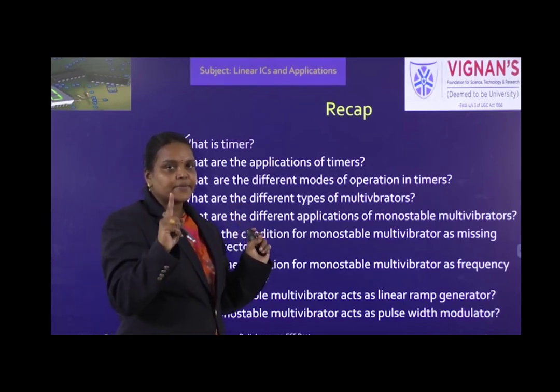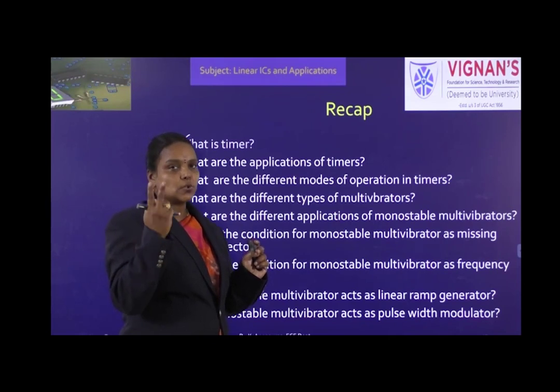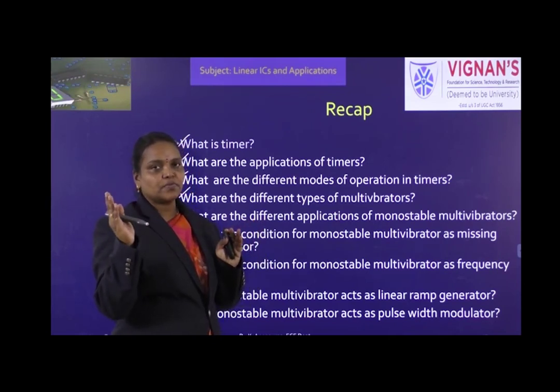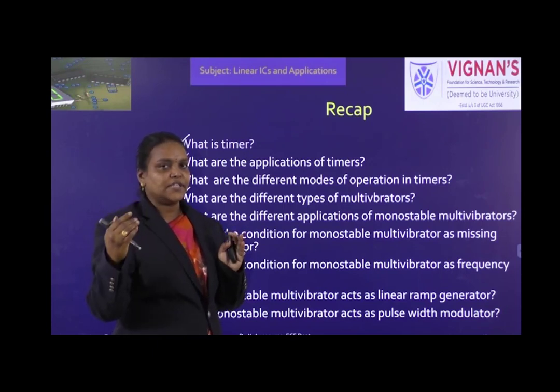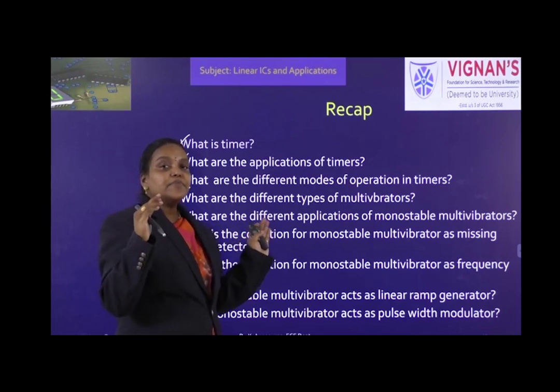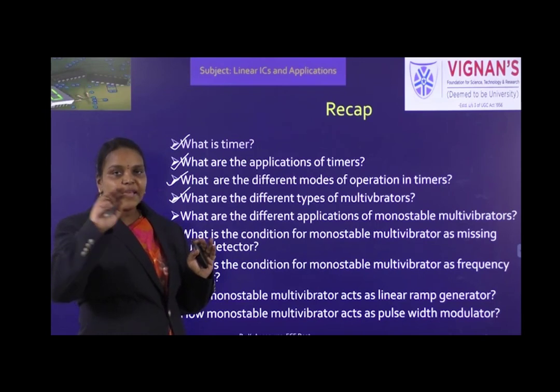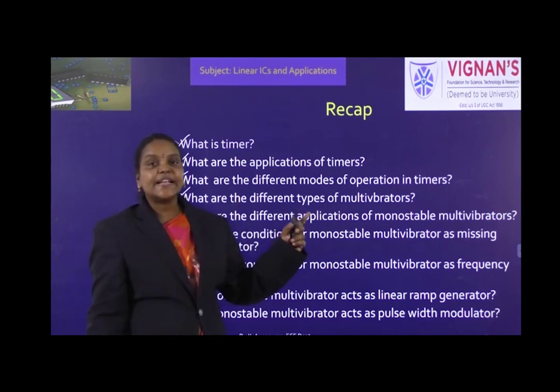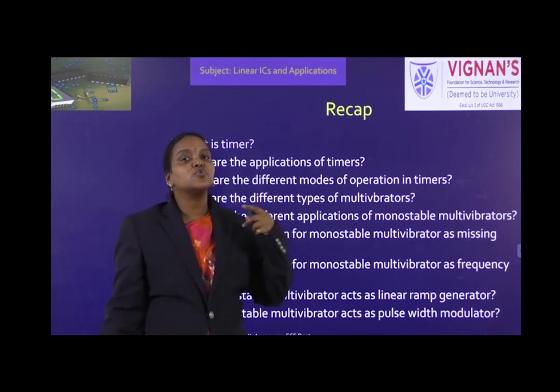Monostable means one stable state. Bistable means two stable states. Okay, each output is a square wave output. So, on state and off state. And stable state means it will be in that state until you give an external trigger pulse. That is called stable state. If the state doesn't need any trigger pulse to change its output, that is called quasi-stable state.